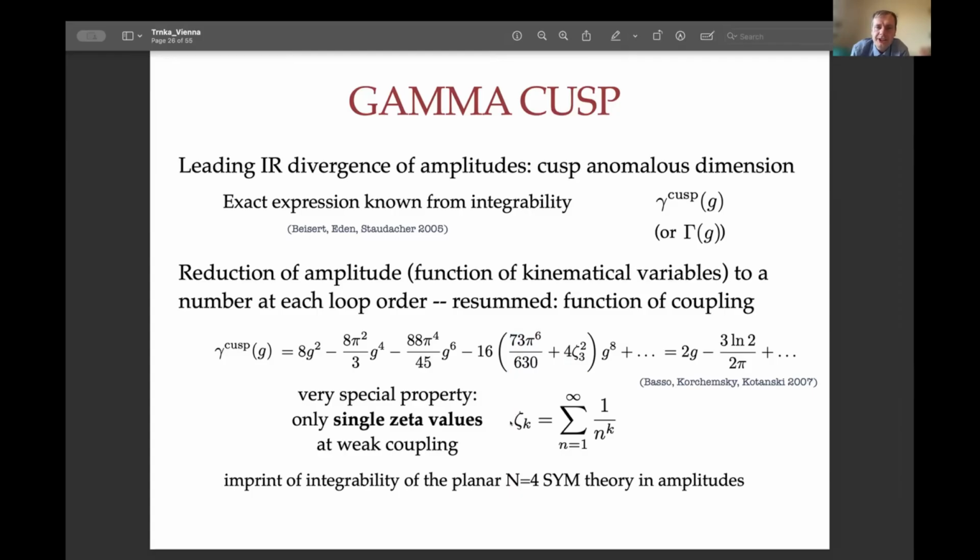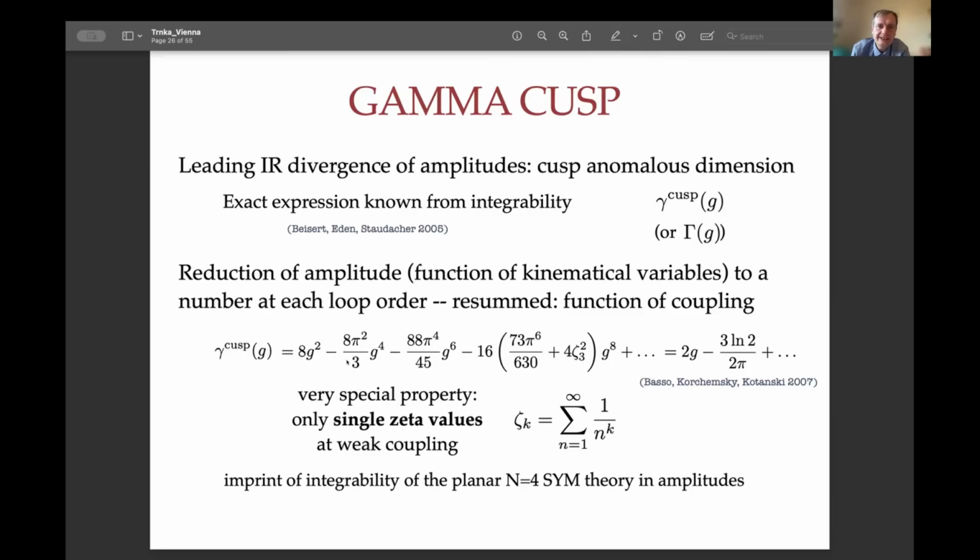The only objects which can appear at weak coupling are products of these single zeta values, which are sums, and they are also polylogarithms evaluated at special points. There is also an expansion at strong coupling, but at strong coupling, it doesn't exhibit this uniform transcendentality behavior.